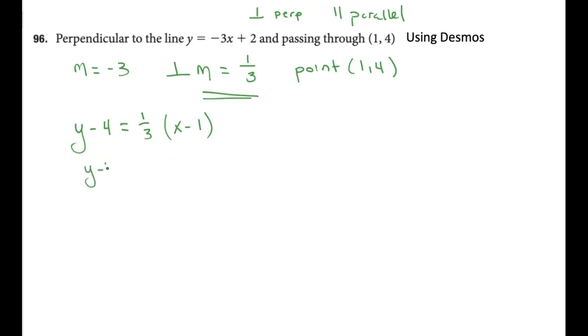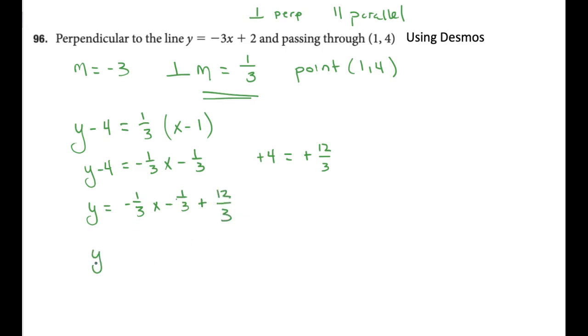So we've got y minus 4 equals 1/3 x minus 1/3. Now we're going to add 4 to both sides. When we add 4, that means we add 12/3. So y equals 1/3 x minus 1/3 plus 12/3.